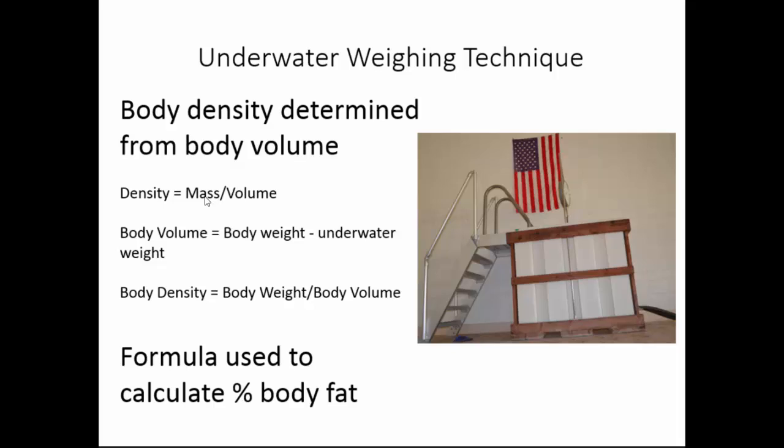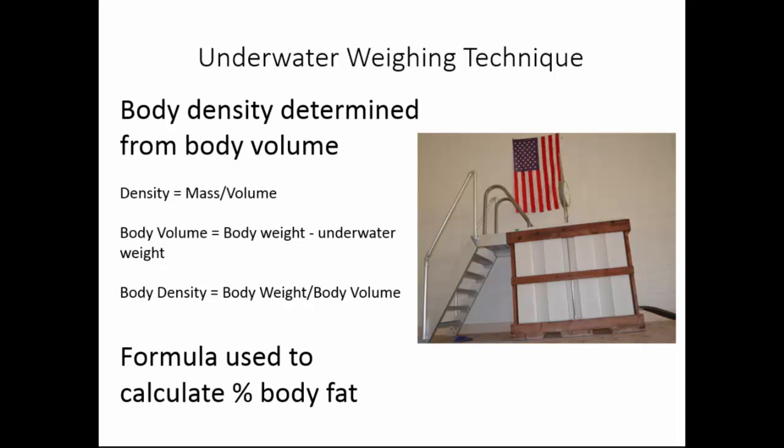Bottom line is, fat floats and muscle sinks. So the people that are heavier in the water are going to have more muscle mass. And once you get this body density, which is usually a really low number like 1.07328, a big long number after the decimal, you put that number into a formula to get your percent body fat.